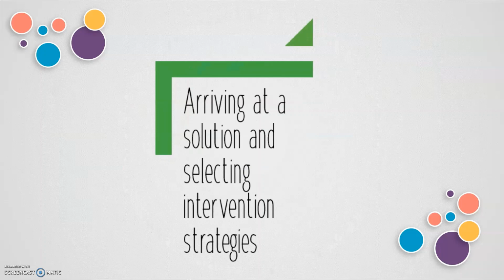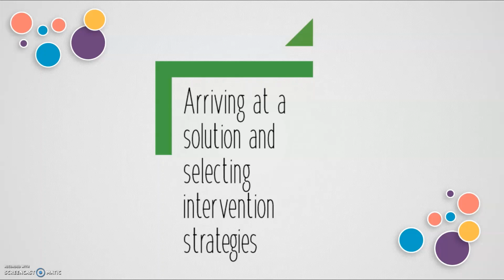Now, after data analysis, it must be aimed that a solution will be achieved and an intervention will be planned. When we say intervention, these are a set of activities planned to address the existing community problems.